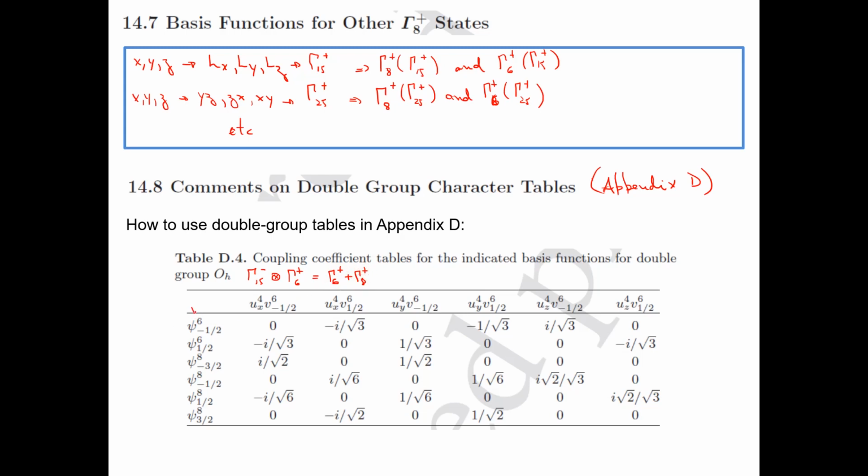So this is 6 and this is 8, corresponding to the irreducible representations gamma 6 and gamma 8.